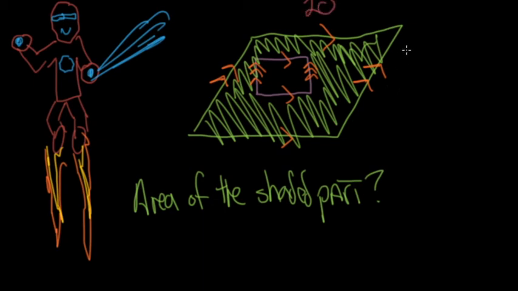I'll say this is 15. And I'll say this is 18. And I'll say this is, I don't know, it looks like about 6. And this looks like about 4.